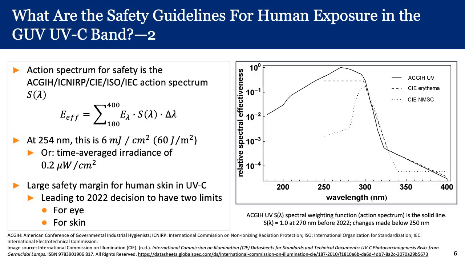So at 254 nanometers, this is 6 millijoules per square centimeter delivered in different emissions during the day, but it's the total cumulative 8-hour exposure. Or the time average irradiance is 0.2 microwatts per square centimeter, just twice that would be permitted if you had only 270 nanometers.